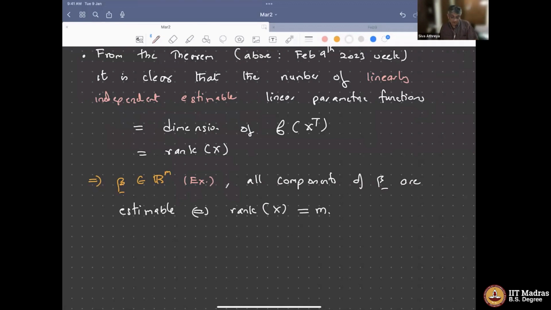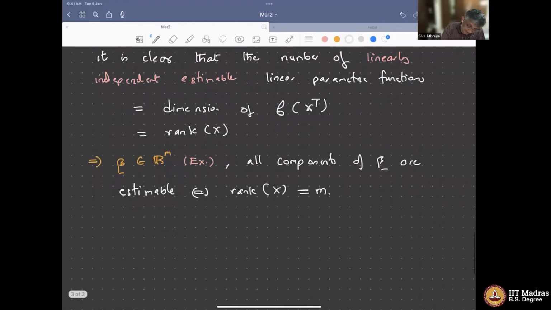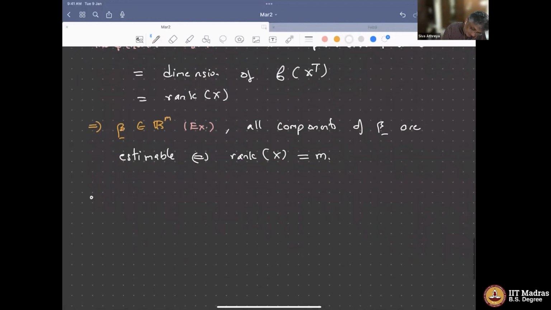But then we also know other things in the algebra, right? So this implies the next fact: X is full rank, so full column rank, let's say. That's if and only if X transpose X is non-singular. It's easy to see, a simple exercise.